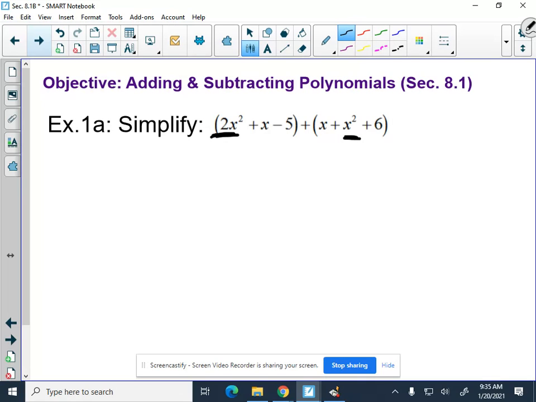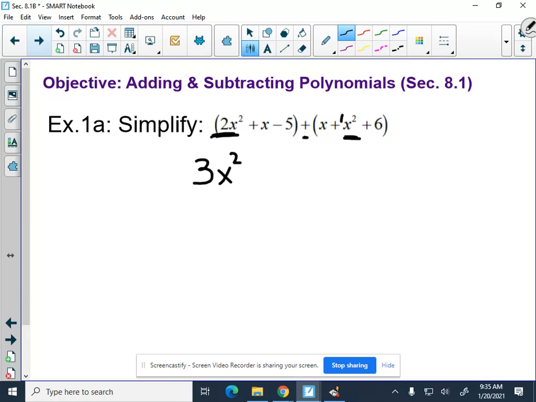So here we have 2x squared, and we are going to add 1x squared. When you add them, it's like having 2 dogs and 1 more dog. You now have 3 dogs. But a mistake a lot of students make is they think it changes the power. The power is still an x squared because the cat is still a cat.